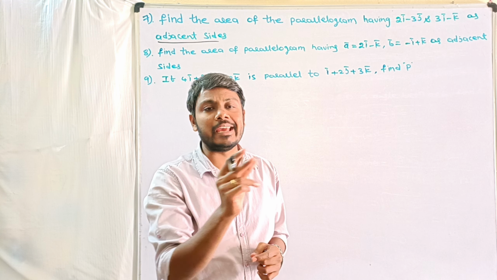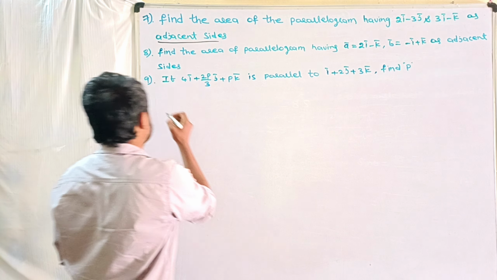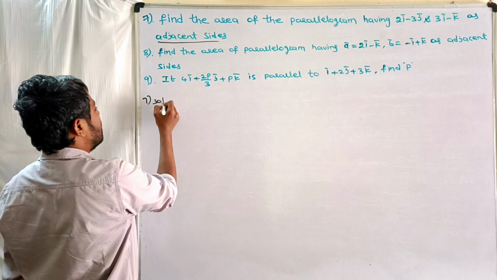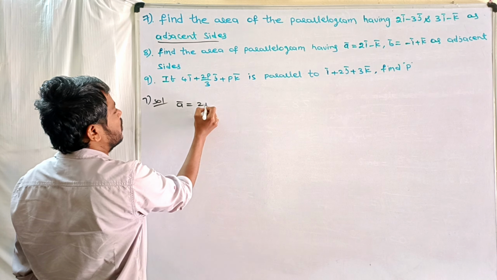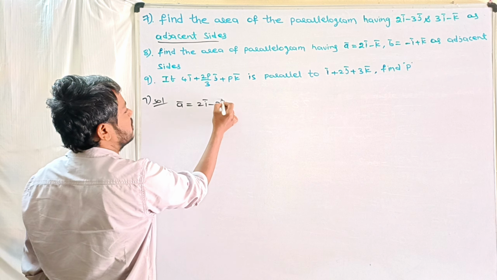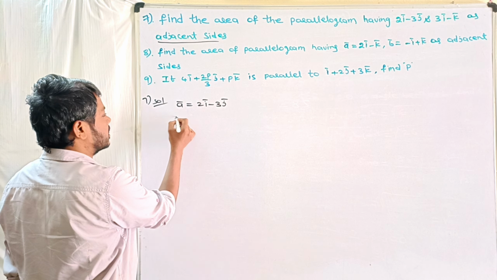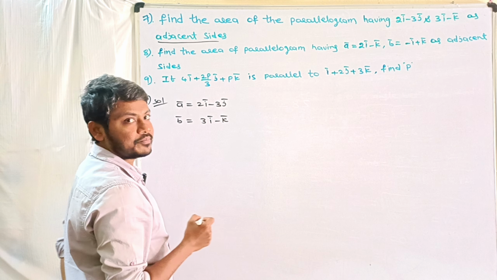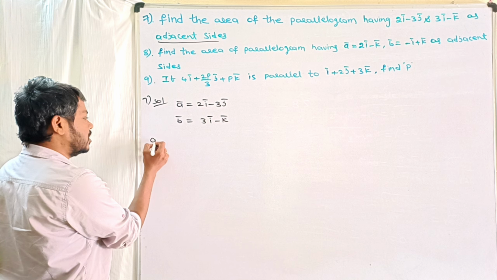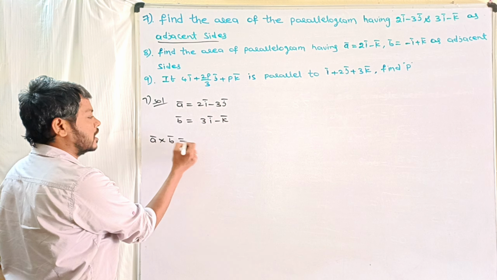So first find A cross B. See the seventh solution. Given A bar is equal to 2I bar minus 3J bar and the vector B bar equal to 3I bar minus K bar. Okay. Now we can find what? A bar cross B bar.